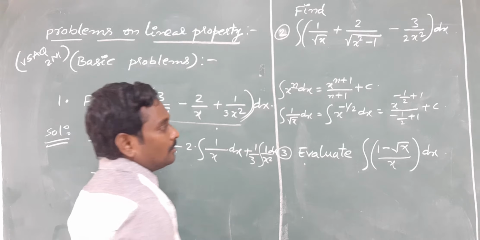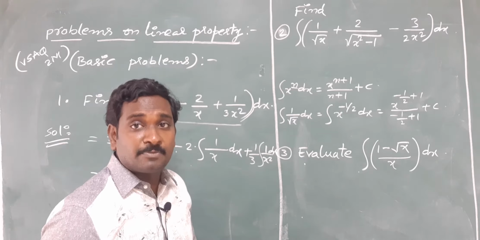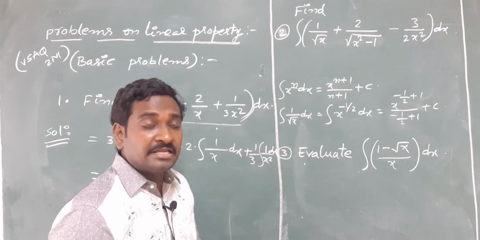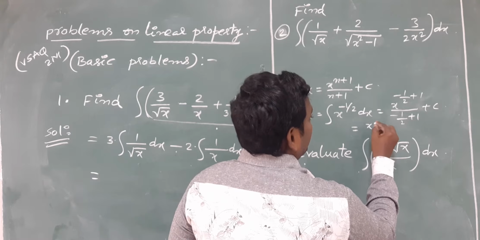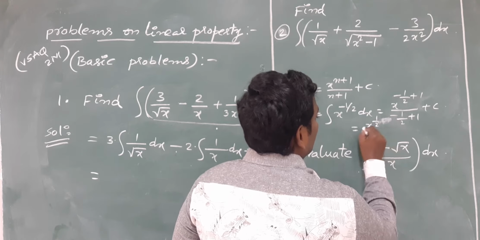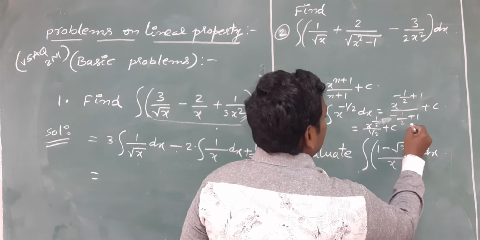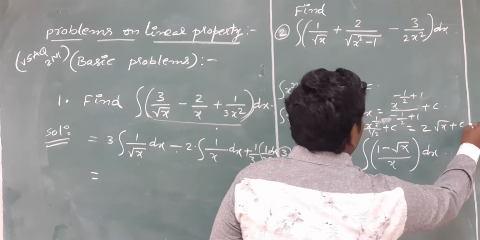Okay. So we are observing that what is minus 1 by 2 plus 1? It is 1 by 2. So x power 1 by 2 by 1 by 2 plus c. So this can be written as 2 root x plus c.